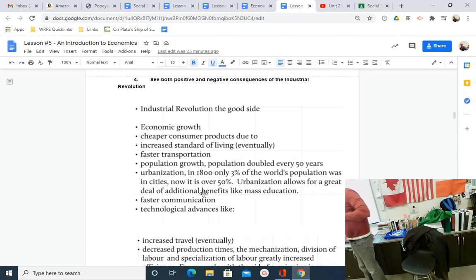So Richard Hooker has a quote in the textbook that I talk about in grade 10, but now it's in your actual textbook. It talks about how the Industrial Revolution was the most far-reaching, influential transformation of human culture since the advent of agriculture 8 or 10,000 years ago.